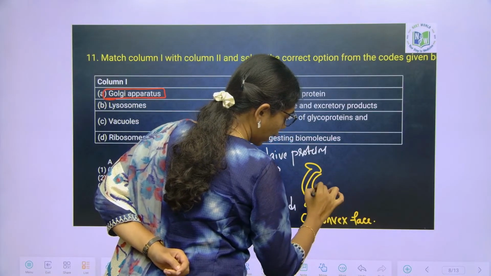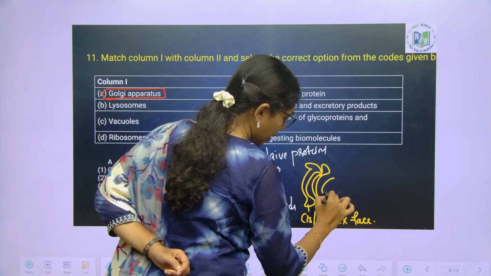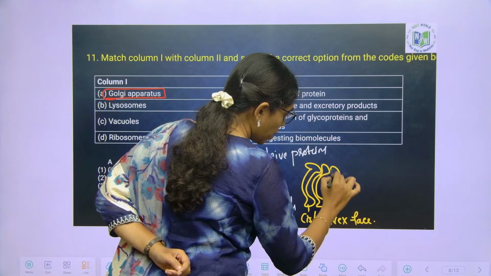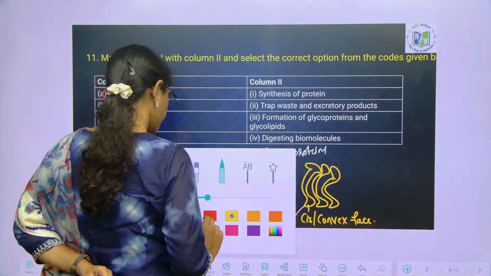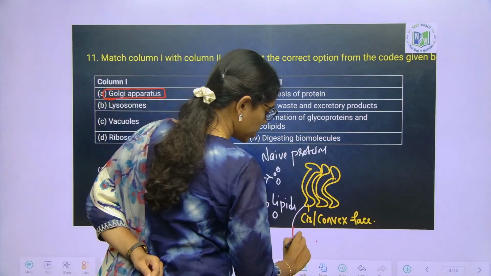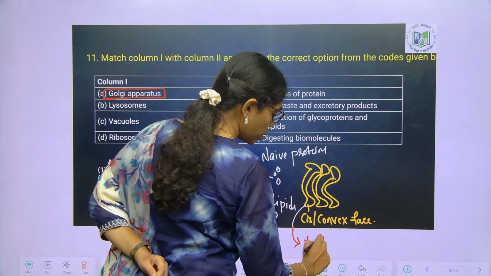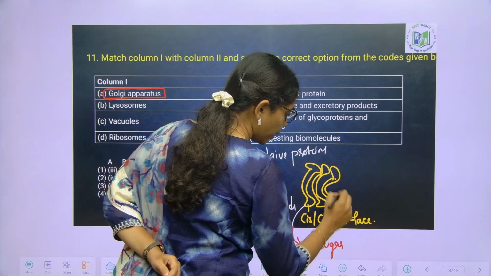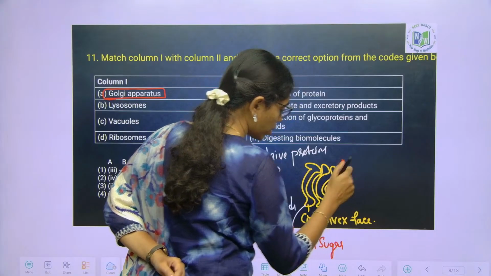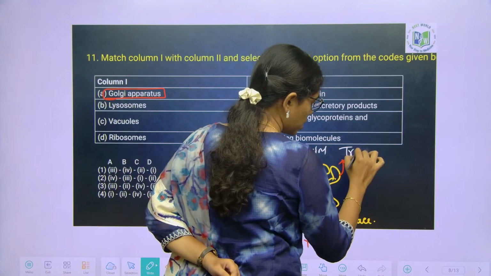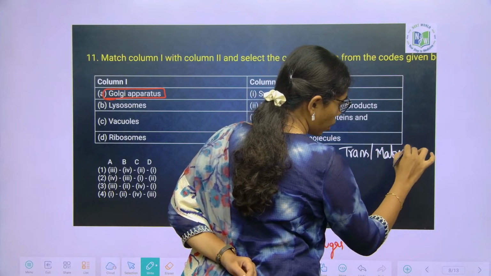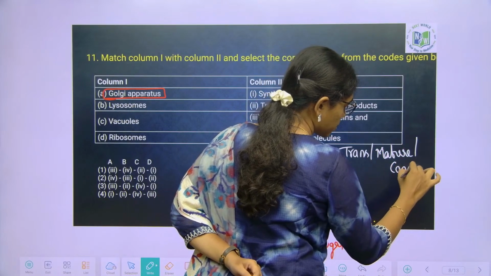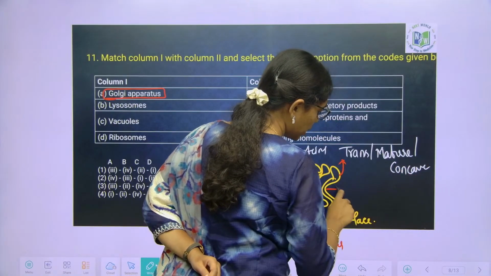So here you have a network of cisternae, inside which packaging of lipids and proteins takes place. Packaging, that is addition of sugars, wherein from the concave face or trans face, the trans or mature face, what is being released?